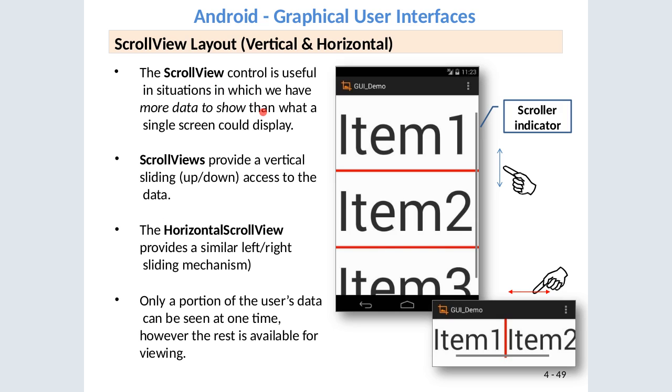Then you have a scroll view, which can be either vertical or horizontal. This one will be used in situations where you have more data to show than can fit in a single screen. In that case, you'll use a scroll view, and the scroll view will provide either vertical or horizontal scroll bars to be able to achieve that.